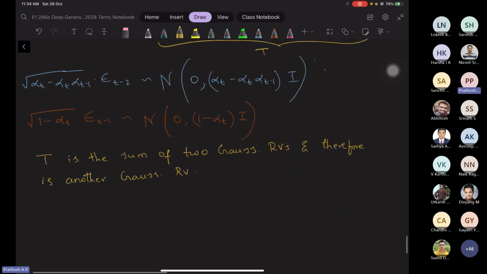Gaussian random variable with the following properties. So now T is Gaussian with 0 mean, and the variance equal to 1 minus alpha t minus 1 times I. So you can please verify this.